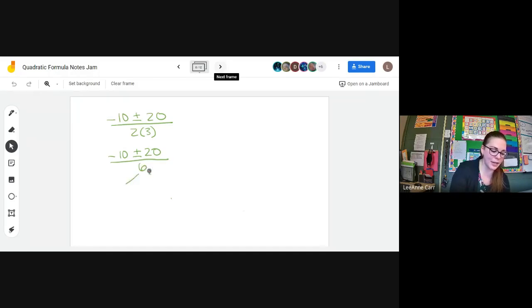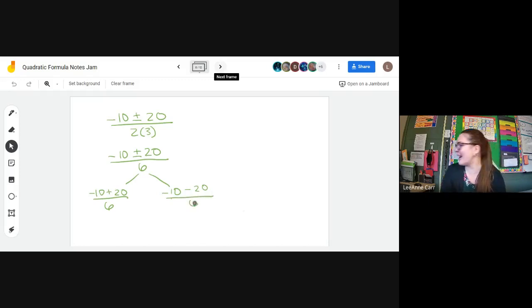Now, here's where I separate it. I'm going to rewrite this one time with a plus and one time with a minus. Again, because think about our quadratics. Most of the time, those parabolas, they will cross our x-axis 2 times. So that's why we have our 2 answers here.